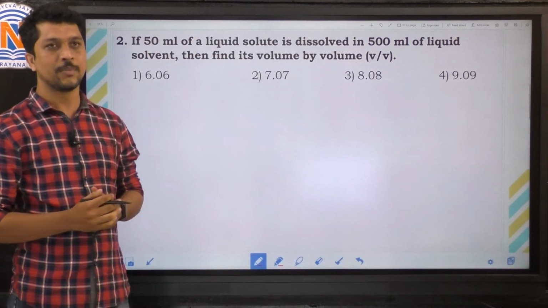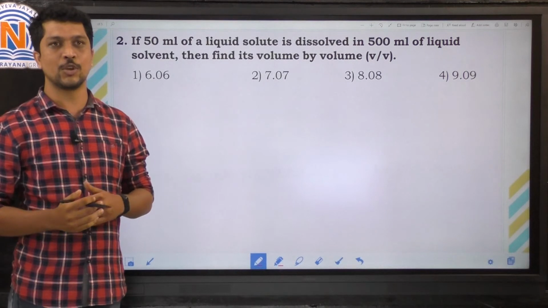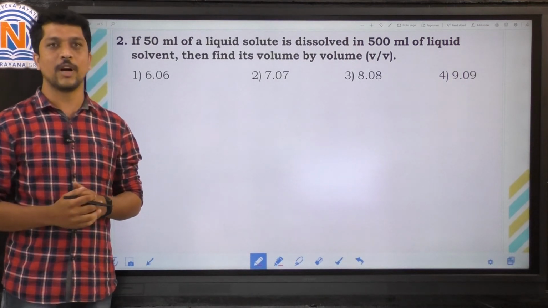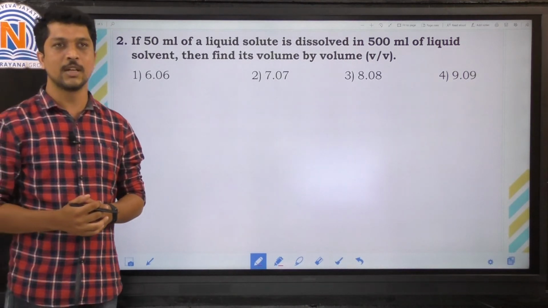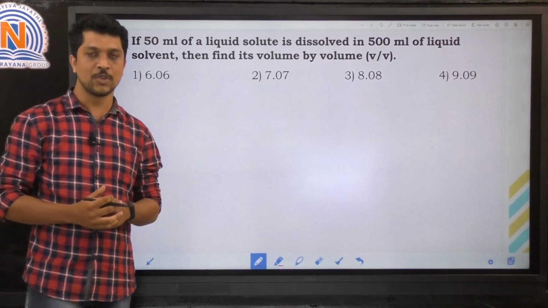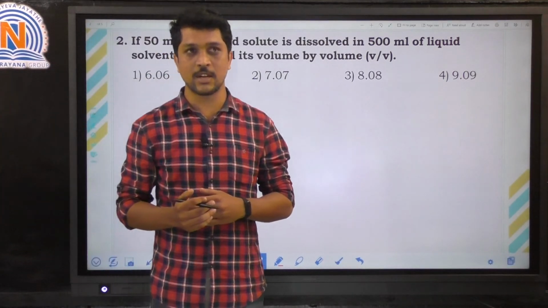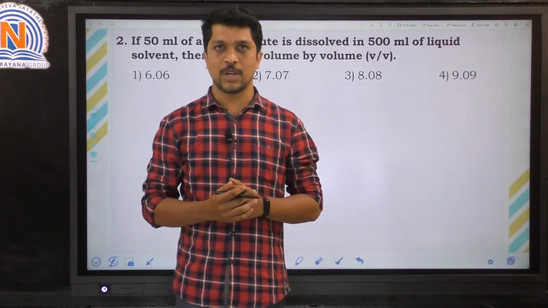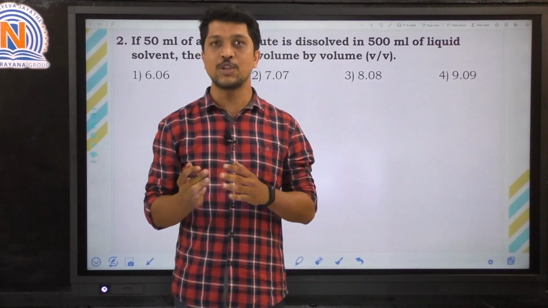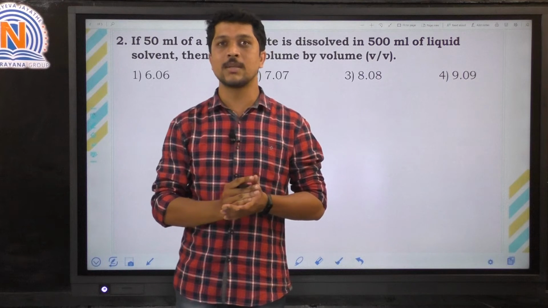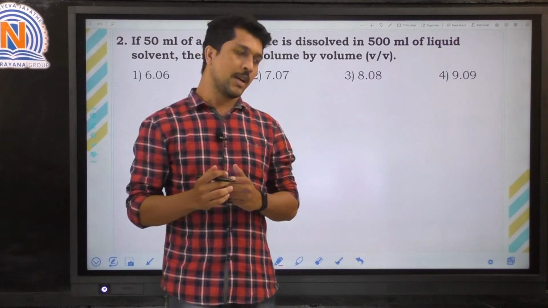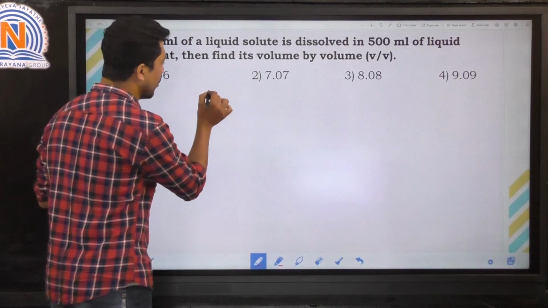Here is the second question. If 50 ml of liquid solute is dissolved in 500 ml of liquid solvent, then find its volume by volume. In this problem they have given the volume of the solute and the volume of the solvent. We need to find the volume percentage for the particular solution. Let's see the formula for volume by volume percentage.